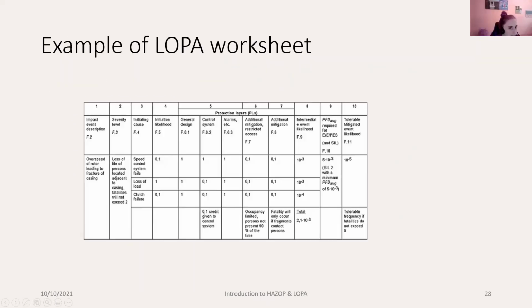I'm not sure why they added that one. It's like an example from the internet, but probably restricted access applies to different initiating causes. For some of them, they have it. For some of them, they don't. But in general, there is no need to pay attention to this part because additional mitigation is specific data for whoever did this specific LOPA.